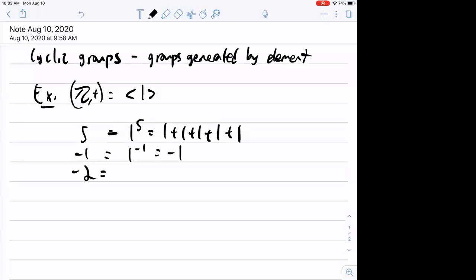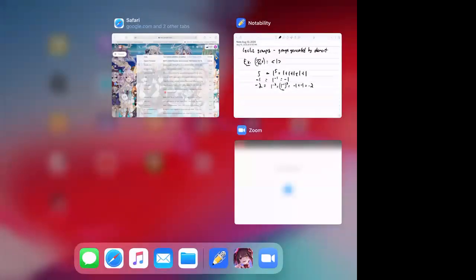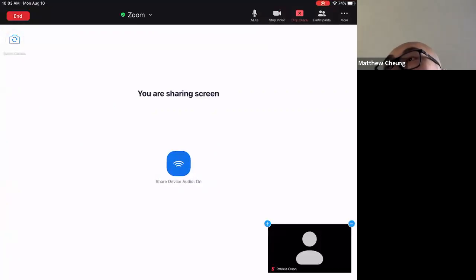Using the law of exponents I talked about last time, this is 1 to the negative 2, because this is 1 to the negative 1 squared, which is negative 1 plus negative 1, which is negative 2. You can get every integer by 1, so the integers are cyclic.